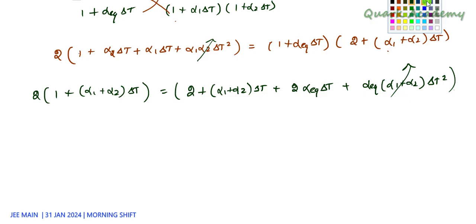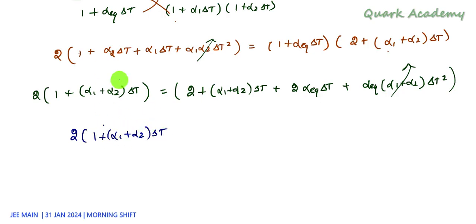So we are left with 2 into 1 plus alpha 1 plus alpha 2 delta T, which is equal to, maybe I can expand this LHS.